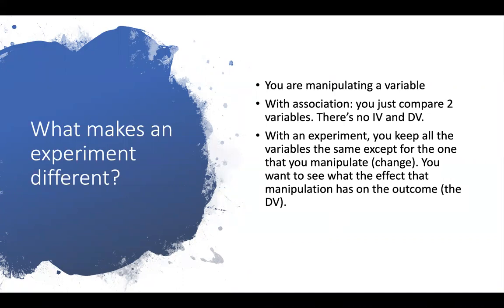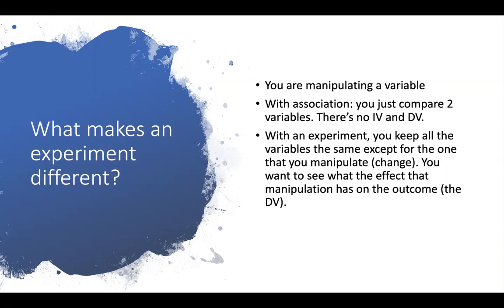I'm just looking to see what the frequency is. Or if I am looking at the relationship between extroverted dogs and extroverted people, I'm not making any changes. I'm not changing a variable. I'm not manipulating a variable. I'm just looking, and then I'm correlating two things, correlating extroversion in people and extroversion in dogs. And so I'm looking at that association. No variables have been manipulated.